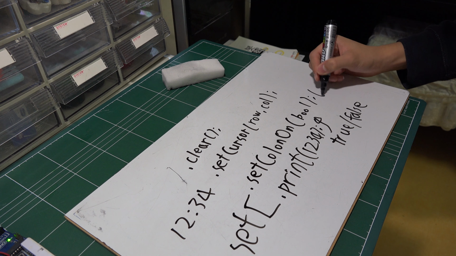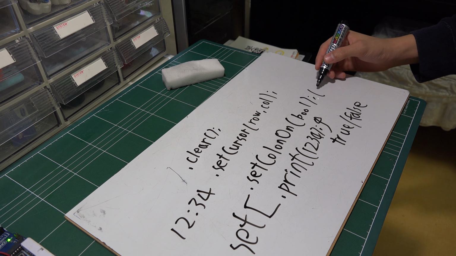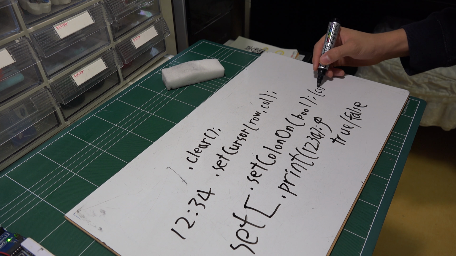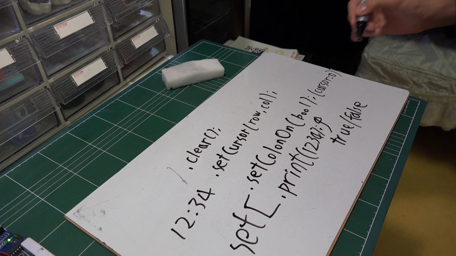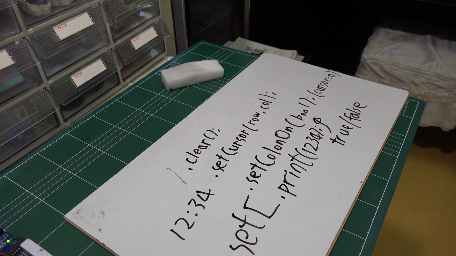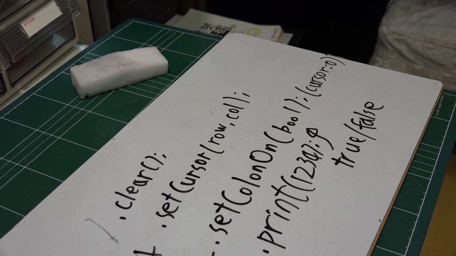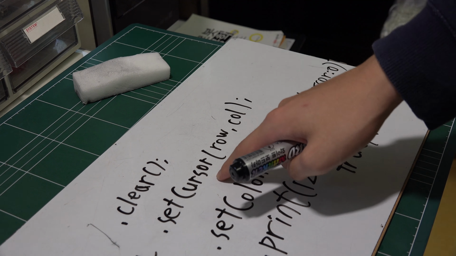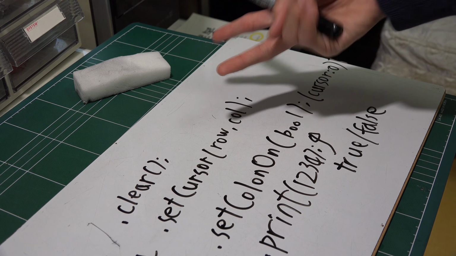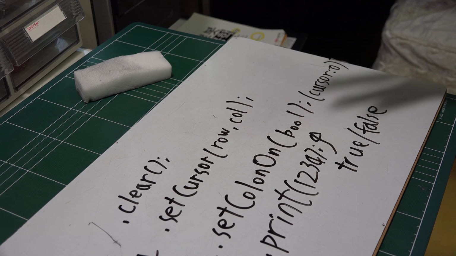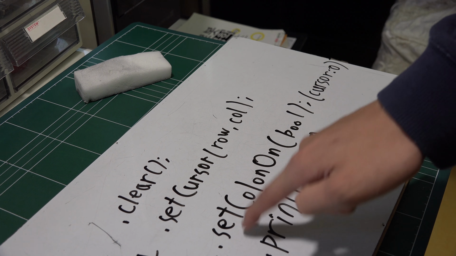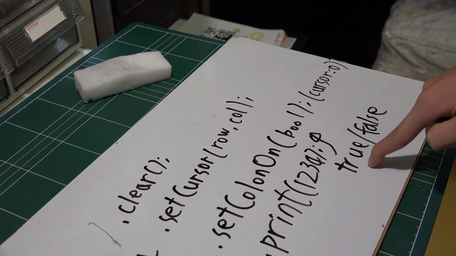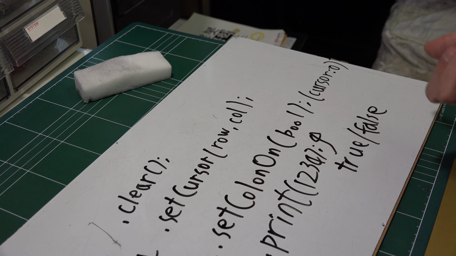I didn't talk about it before, but when the cursor is not 0, like if I write column 2 or 3, not 0, 1, 2, 3, and this colon on bool, true or false, this will not be active.